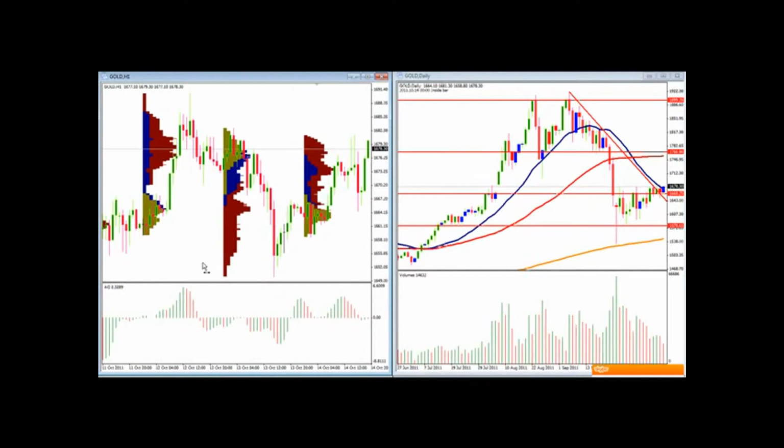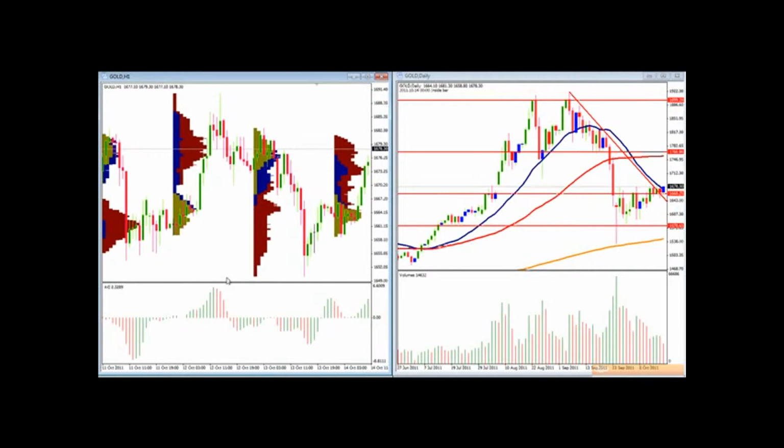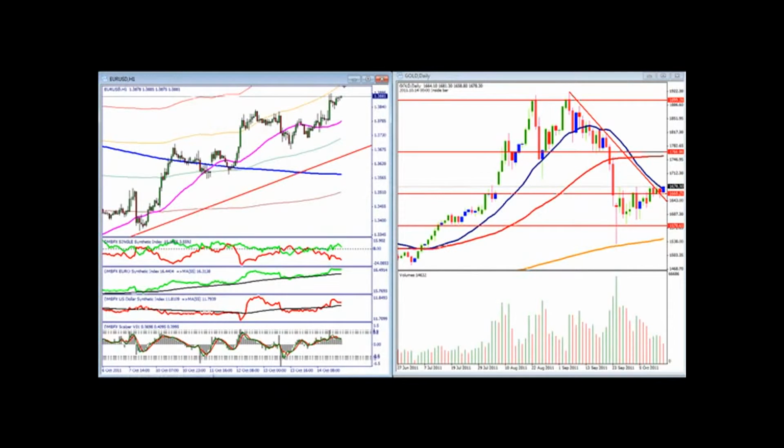You can see how volume is really accumulating here. So we really need to get above, again, this 1680 price level to really see us break out and go into a new range, which would give us a run to the 50 moving average. So consolidation for gold, what does that mean for our dollar currency pairs?